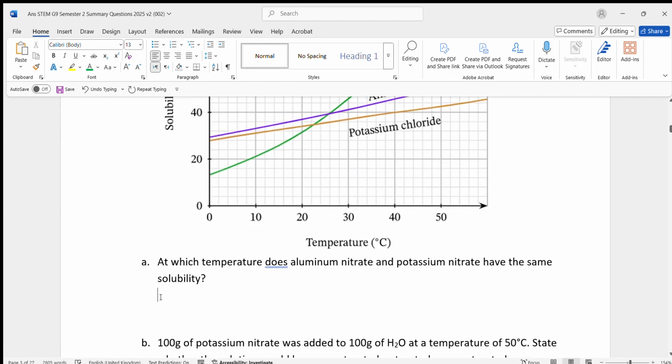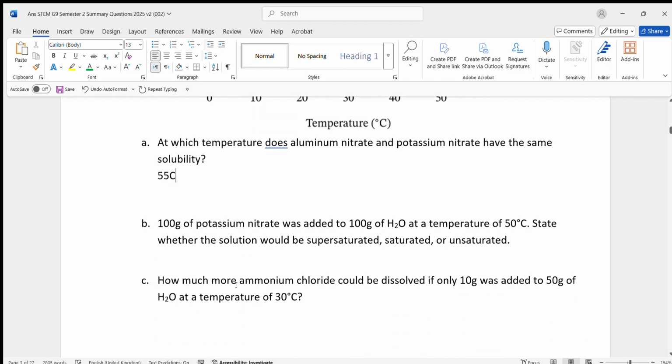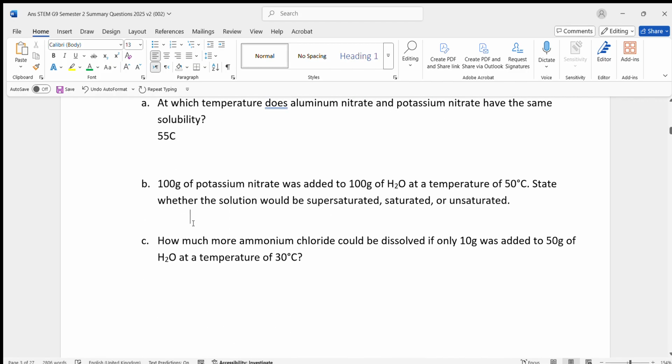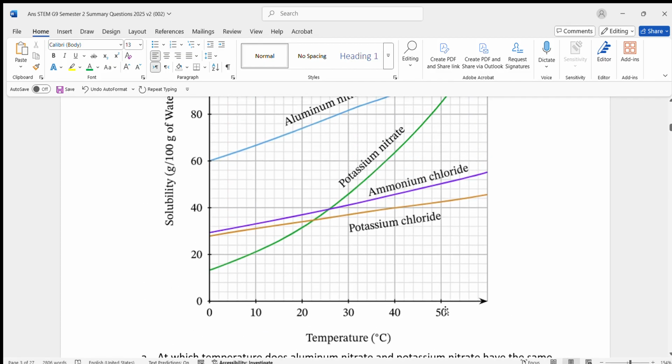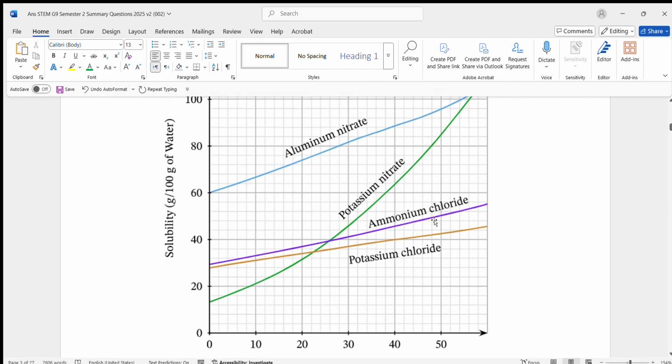degrees Celsius. Then we move on to part B, where 100 gram of potassium nitrate is added to 100 gram of water at a temperature of 50 degrees Celsius. So if we go to 50 degrees Celsius and see what potassium nitrate is, it is here, roughly 82 or 84, because I think each square is 4.